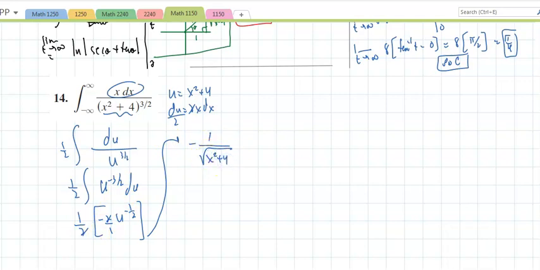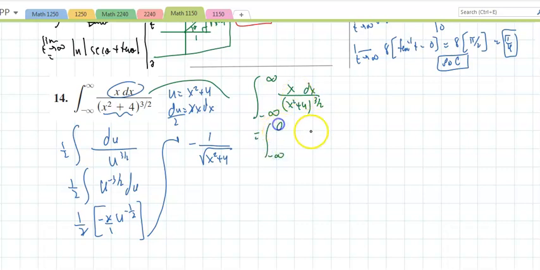That's the integral. Now, as far as the limits, when I take the integral from negative infinity to positive infinity of x over x squared plus 4 to the 3/2 dx, I'm going to split this up. I'm going to say, you know what, this is the integral from negative infinity to 0, zeros on that graph, plus the integral from 0 to infinity of x over x squared plus 4 to the 3/2 dx.